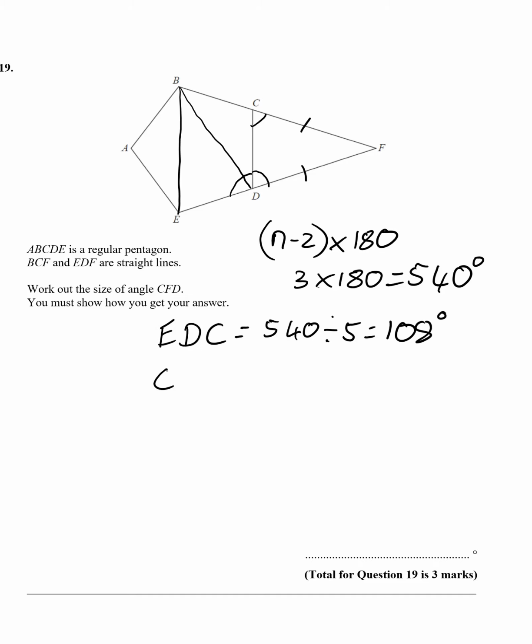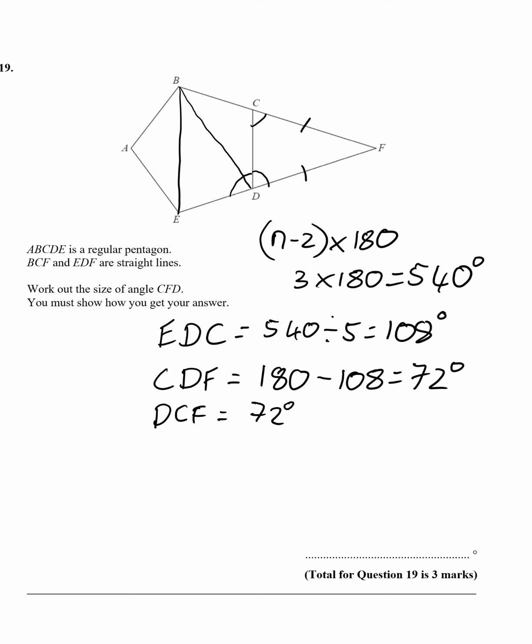So CDF is 180 minus 108, because it's a straight line, we're told it's a straight line somewhere, so those two must add up to 180. So therefore, DCF is also 72 degrees.